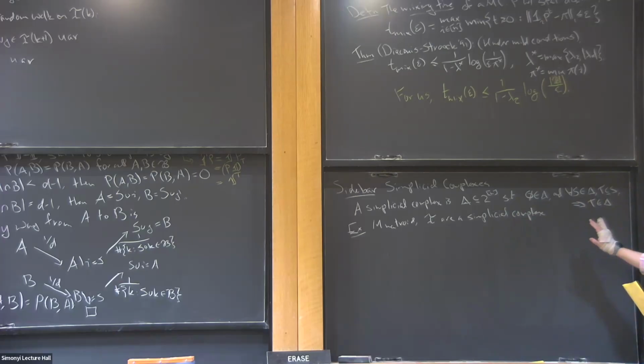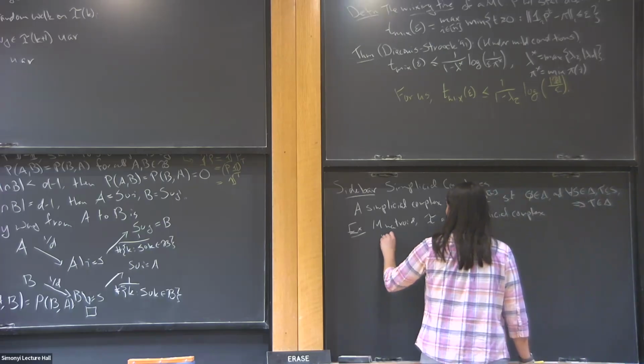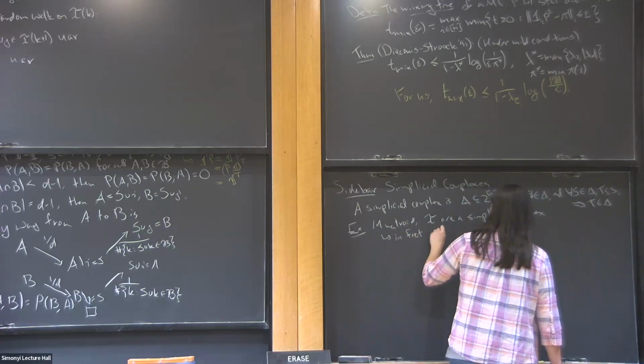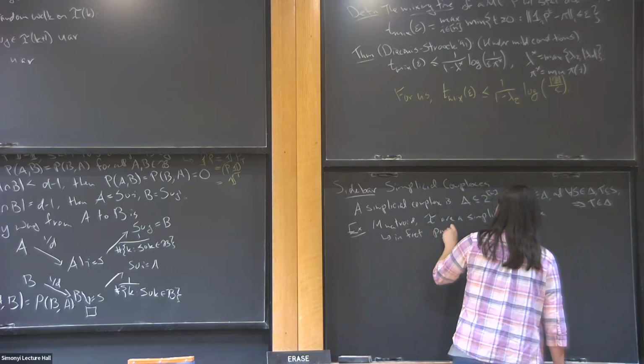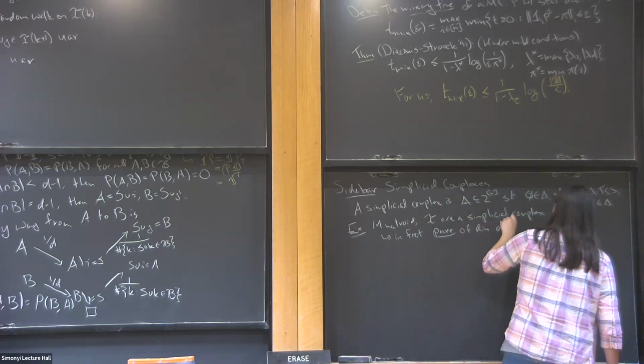We call the elements of a simplicial complex simplices. In fact, this will be pure of dimension d minus 1.